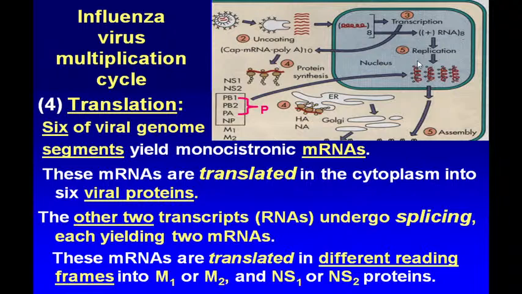Then many copies of minus sense RNA will be combined with these proteins to form nucleocapsids. So the nucleocapsids are produced in the nucleus, and then they assemble and are transported towards the plasma membrane.